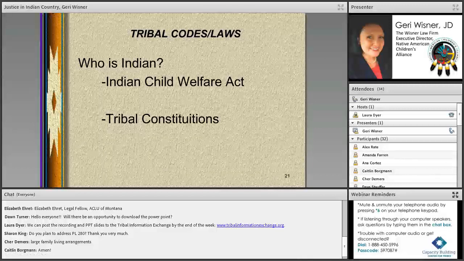Well, according to the act, it will apply to any child who is a member of a federally recognized tribe or who is eligible for enrollment. Now, who is eligible for enrollment? That can mean that your mother is a member of a federally recognized tribe, or your father is a member of a federally recognized tribe.